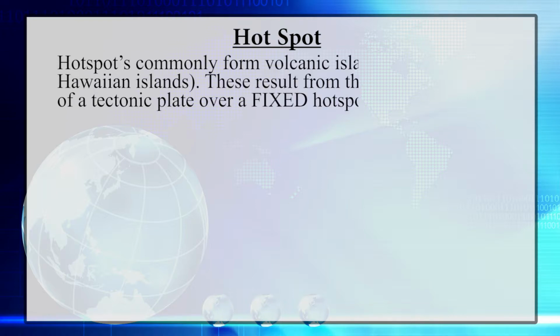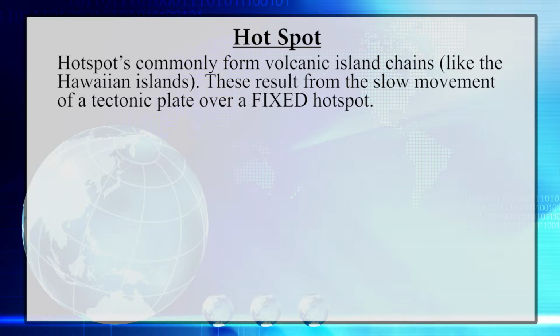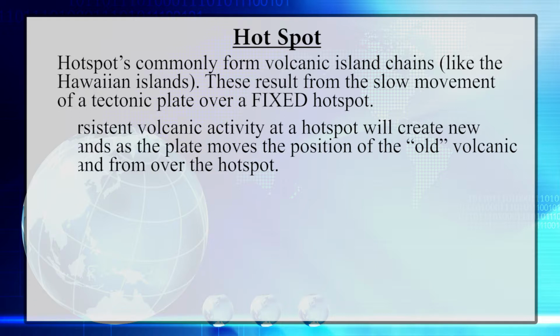And now, the hotspot. Hotspots commonly form volcanic island chains like the Hawaiian Islands, and these result from the slow movement of a tectonic plate over a fixed hotspot. Persistent volcanic activity at a hotspot will create new islands as the plate moves the old volcanic island from over the hotspot.